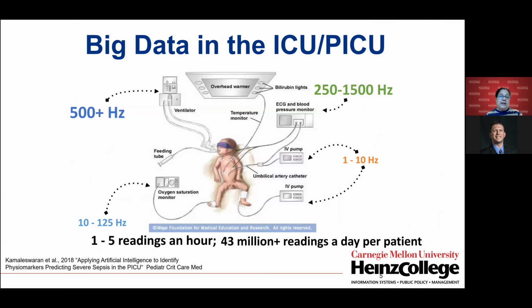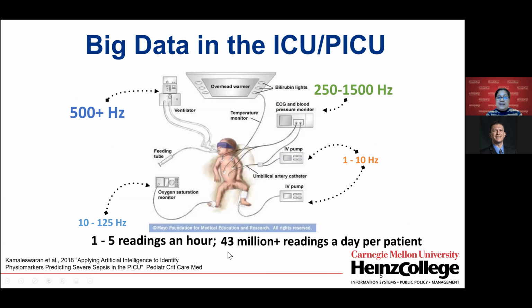So, what do we do with it? This is a very specific illustration of data that's being collected in the pediatric ICU. This is really to look at investigating severe sepsis in babies.